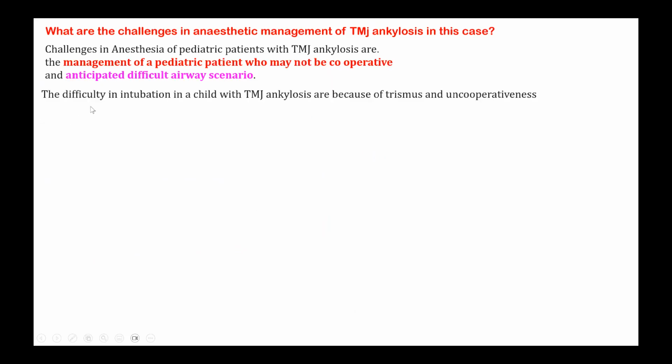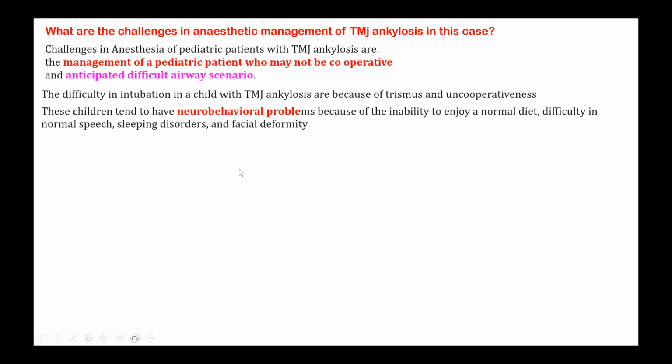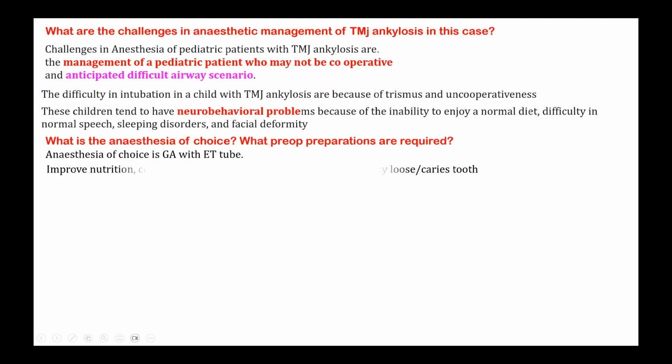The difficulty in intubation is because of the trismus and the patient's uncooperative nature, and because of the psychological problem of being taken to several doctors, the patient may also have some neurobehavioral problem which will add to the uncooperative nature of the child. And what is the anesthesia of choice, and what are the pre-op preparations required?